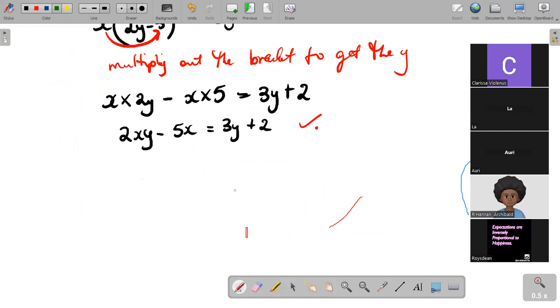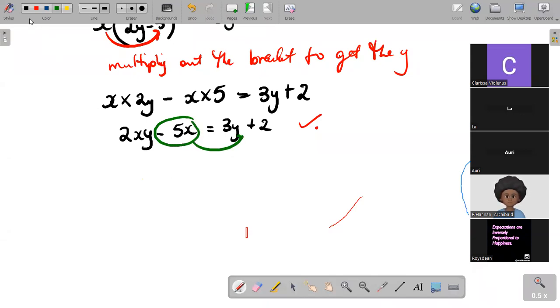So let's start with the left-hand side. Who should move on this side here? Who doesn't belong on that side? Excellent, because that doesn't have a y. So we need to move it over. And when we move it over, what happens? It becomes the opposite, right or wrong? So you see, we're just using our sense to tell us what to do. So let's move this over first.